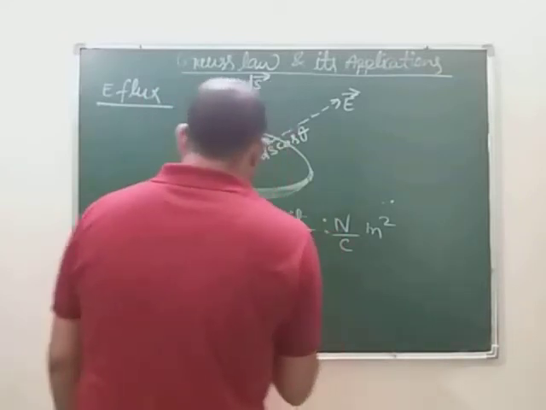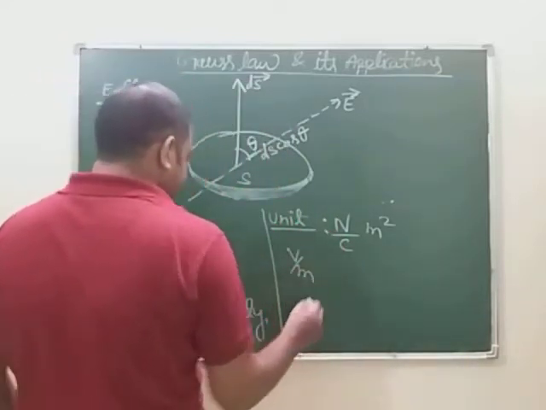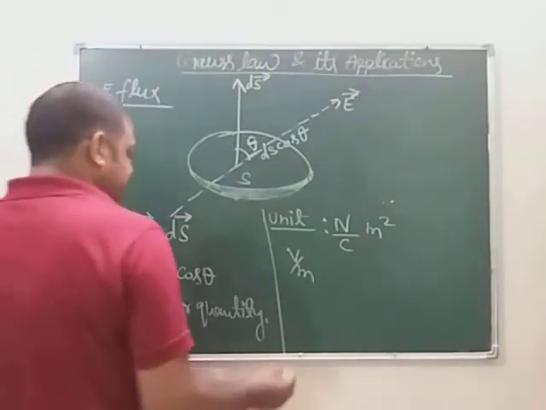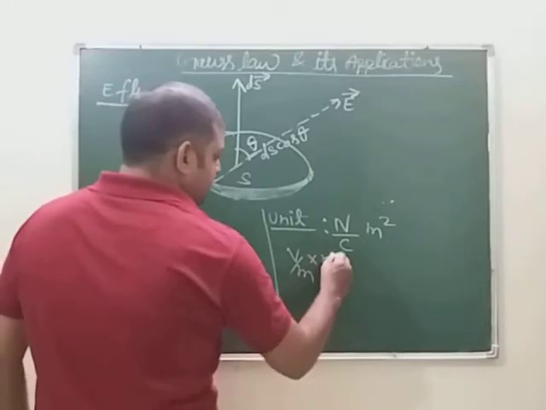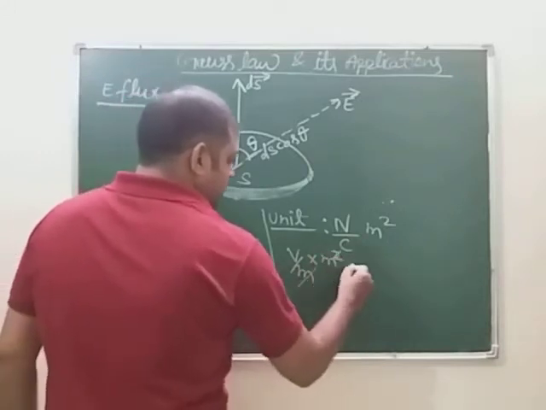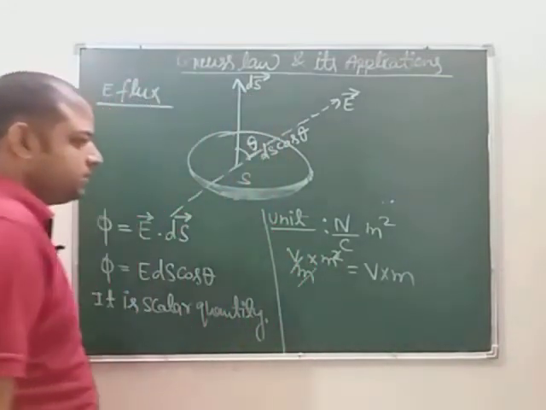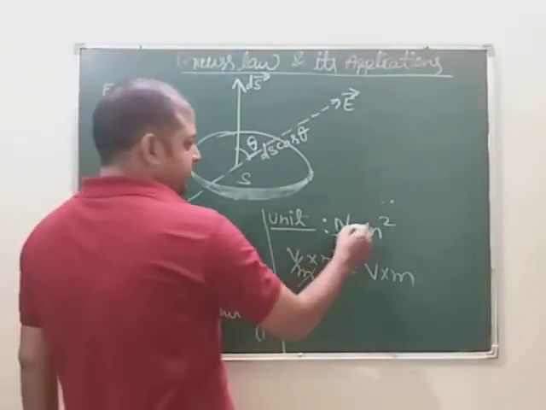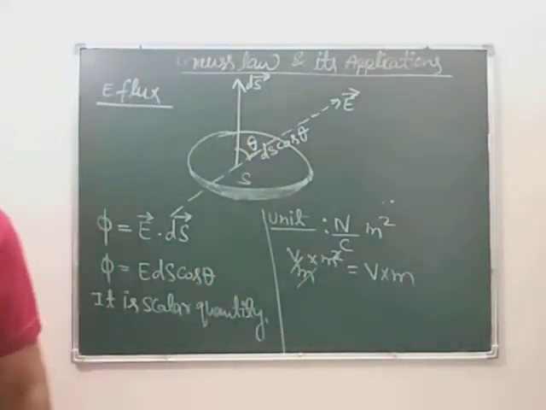So according to that formula, volt per meter is the unit of electric field, and dS is area, then meter square. So another unit is volt into meter. So these are the two units, Newton meter square per coulomb and volt into meter, which are the units of electric flux.